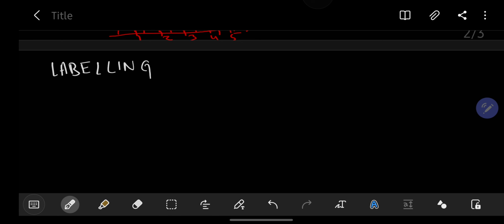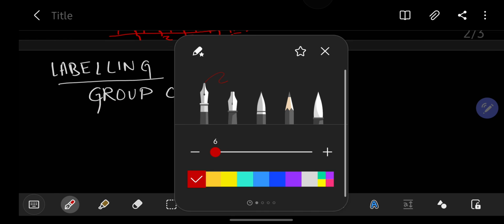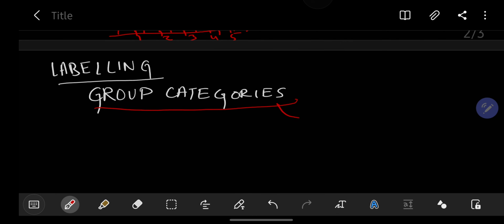So what we can do is to group the categories, to avoid these situations. This can be done by the area principle.